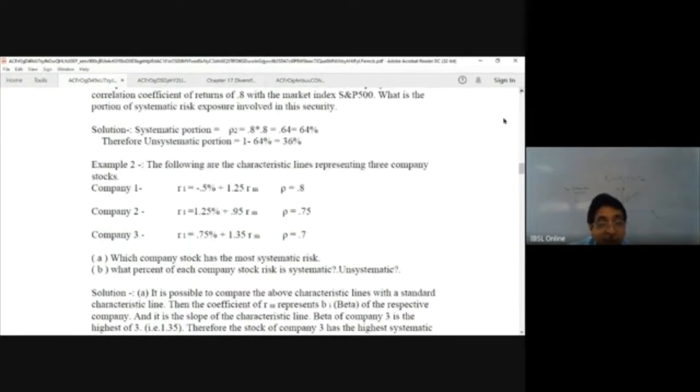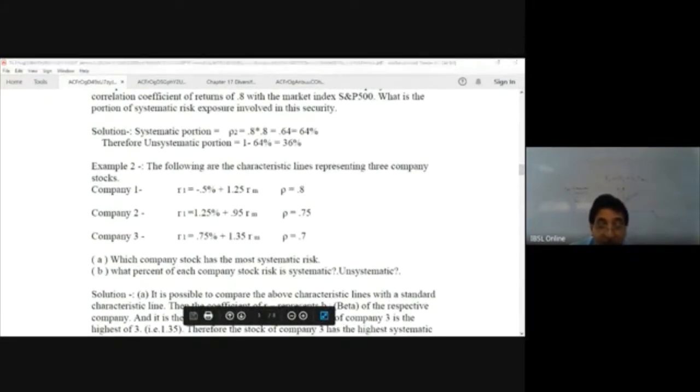Yes, let me have the beta of company 2. So simple. Just have the company 2's beta. You go through the line and see what it is, because you need to get the coefficient, beta coefficient.